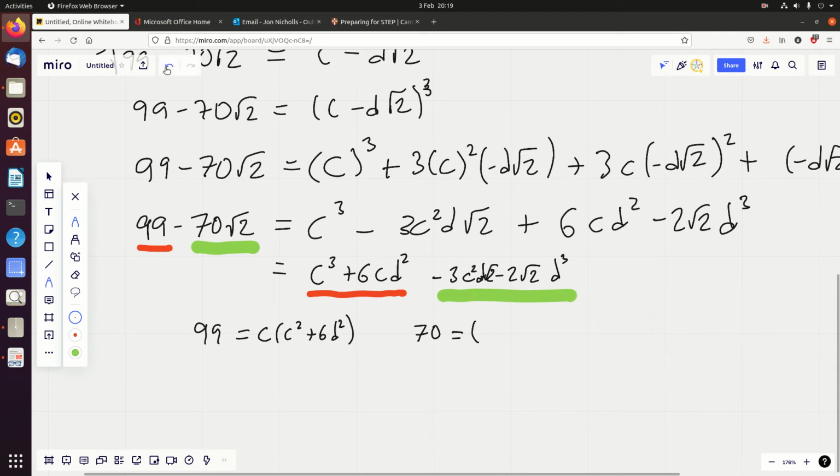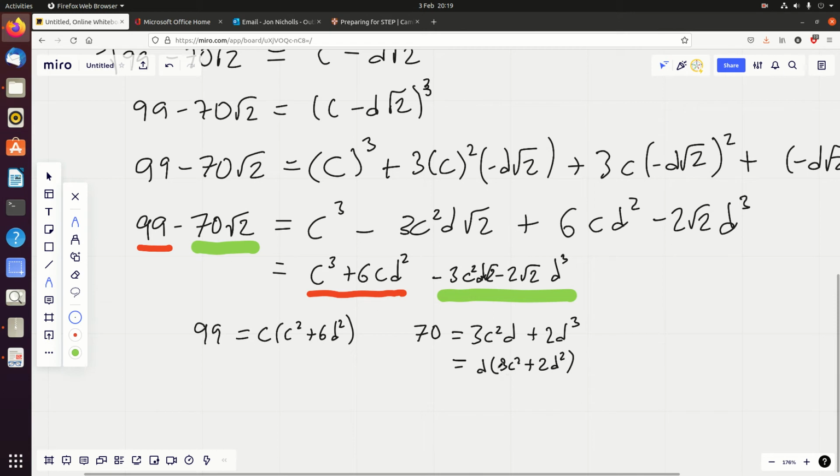Now let's not factorize it as well, because you might not be happy with doing two steps in one go there. Brilliant. And let's quickly factorize that into d times 3c squared plus 2d squared.